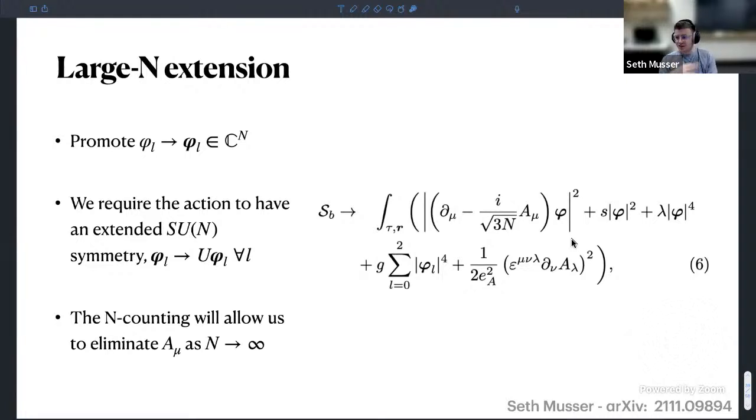So it's the same type of theory as you can see, and we've just promoted the phi's to vectors in C^n. And we've also arranged for this n counting for a_mu. This will allow us to eliminate a_mu as we take n to infinity. If you're unfamiliar with something like this, this is done commonly in CP^(N-1) models, and you can find a lot of textbook treatments of it.